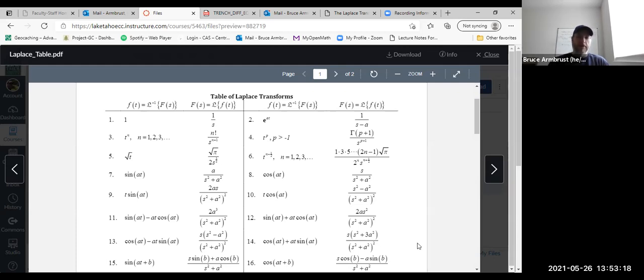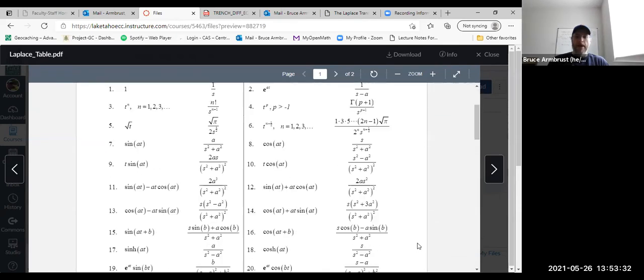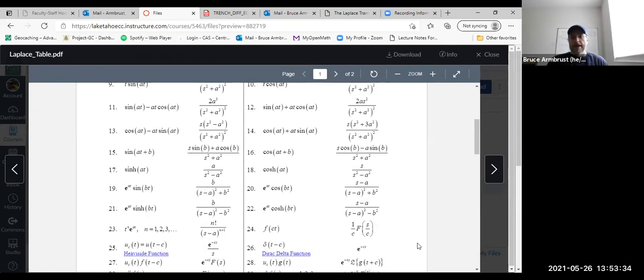Here you see the square root, here's sine, cosine, here's t cosine, here's cosine plus t sine, here's sine of whatever else on the inside. The forms definitely get more complicated as we go down, but they are what they are. Here's hyperbolic, there's sinh, which gives us this.